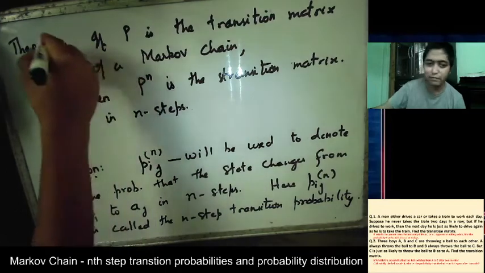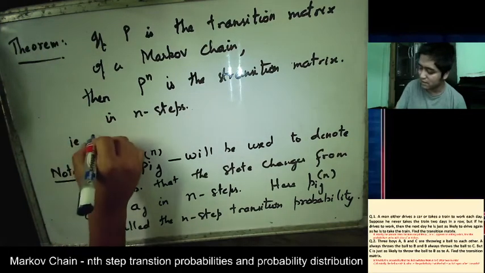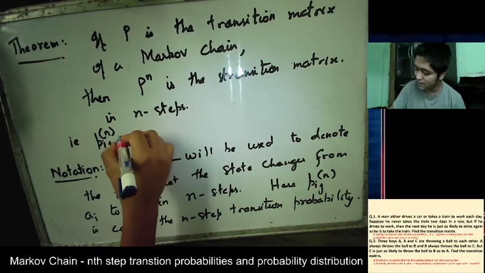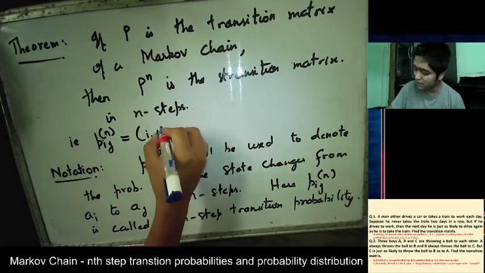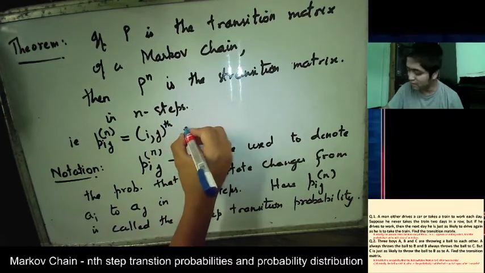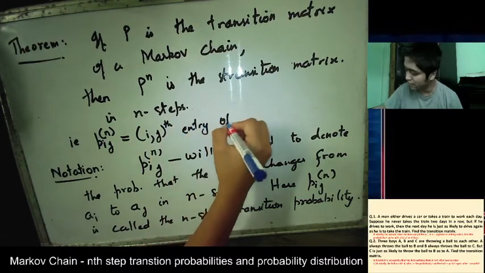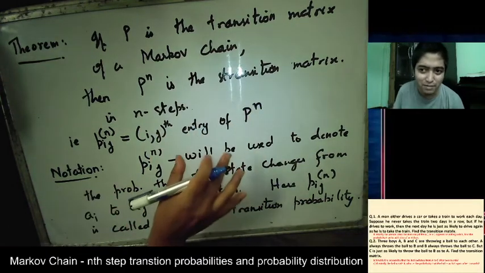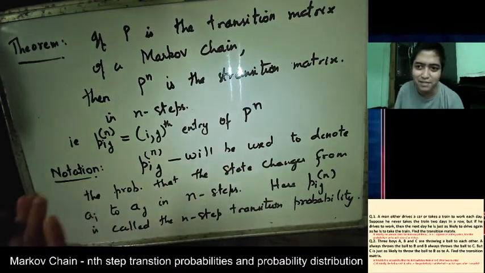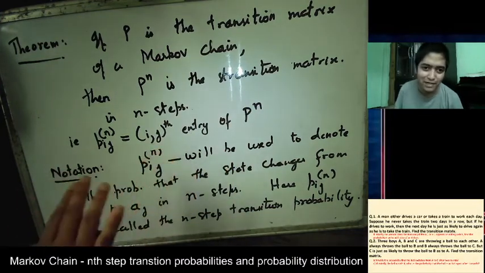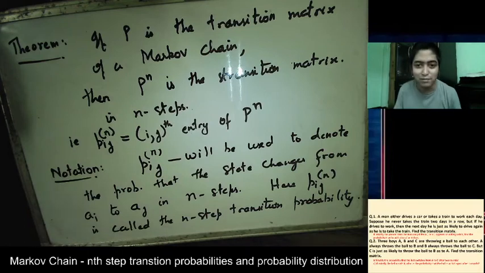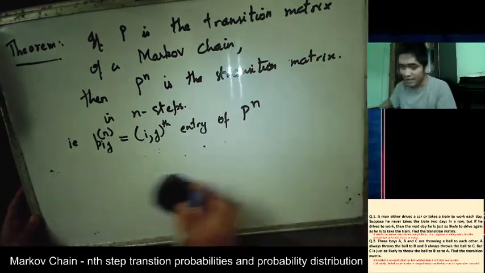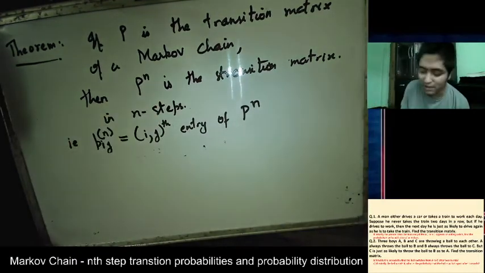So over here we have this theorem: Pij with n, it is just a notation, is equal to the ij entry of P power n. We will prove this theorem afterwards, but for now let us just look at some exercises. But before looking at the exercises, I will explain probability distribution. I will explain some more about this also when we reach it.